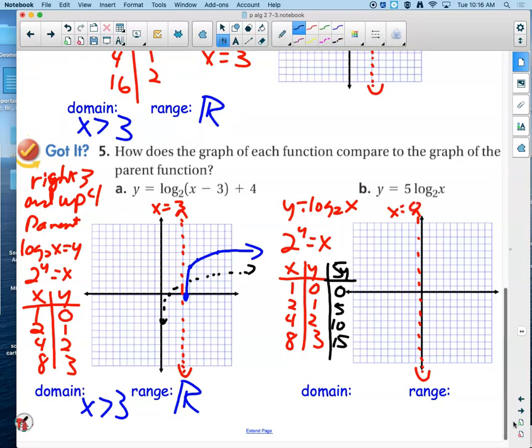And I'll just go ahead and graph 1, 0, 2, 5, and 4, 10. And yeah, that's quite a stretch. So not a whole lot of curve on our little negative 10 to 10 there.